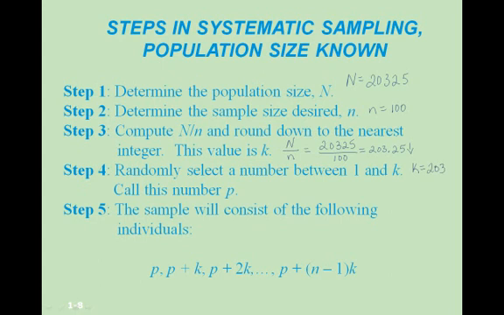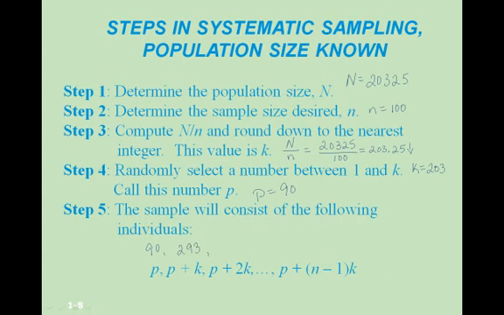So we randomly select a number between 1 and k, so between 1 and 203, and we'll call this number p. Let's just say that p equals the number 90. Then our sample will consist of 90. Then we want to take 90 plus k, 90 plus 203, so we have 293.